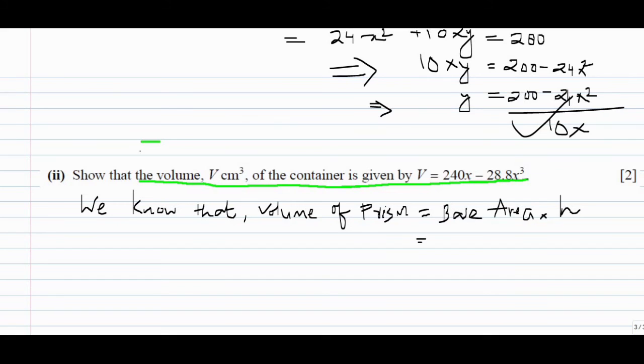Base area is 12x squared multiplied by height. Height is y. So we get 12x squared multiplied by y, already we found as 200 minus 24x squared divided by 10x.